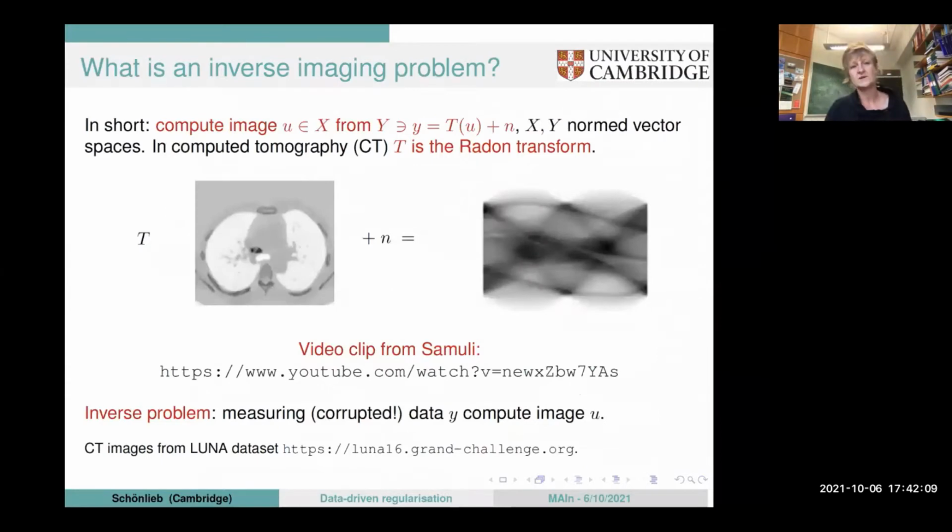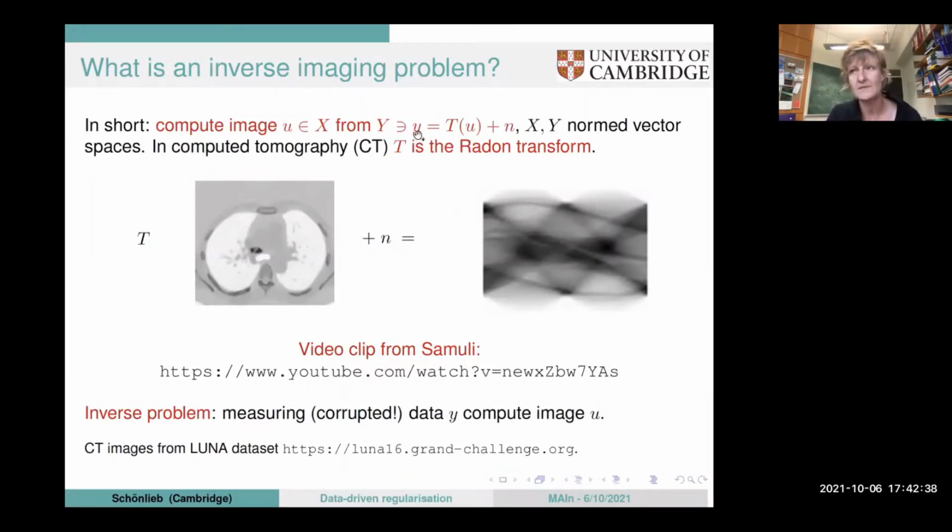So let's start with the kind of problems that we want to solve. So what is an inverse imaging problem? The bottom line is basically that we are measuring something that could be some tomographic machine, or could be just your usual camera, let's say your photo camera.